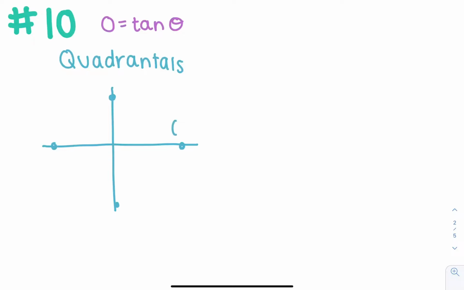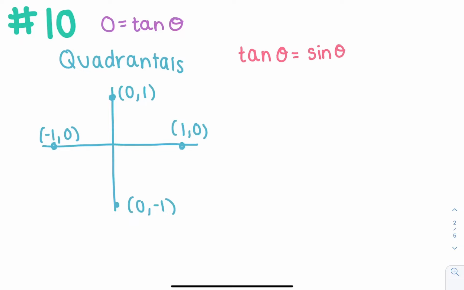This first one is (1, 0). Here's (0, 1). Here's (-1, 0). And here's (0, -1). Now, if you remember, tangent of theta is sine over cosine, which is y over x. So for each of these points (x, y), let's figure out what tangent is.